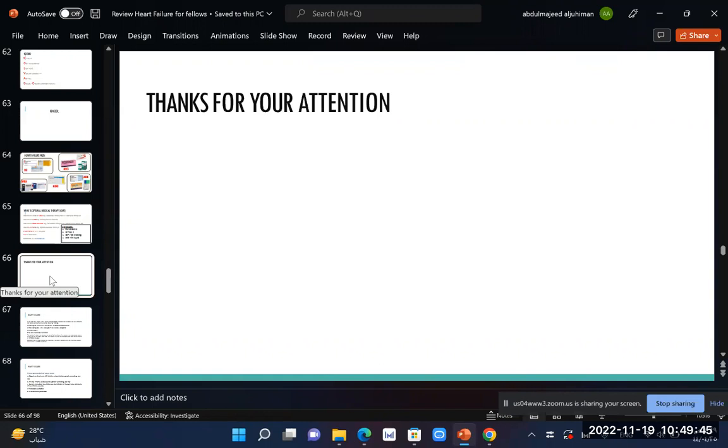So it is recommended for those patients who have uncontrolled heart rate, and if they have symptoms despite optimal medical therapy. So generally, since it doesn't reduce the hospitalization, it doesn't reduce the mortality, usually it's skipped until last.